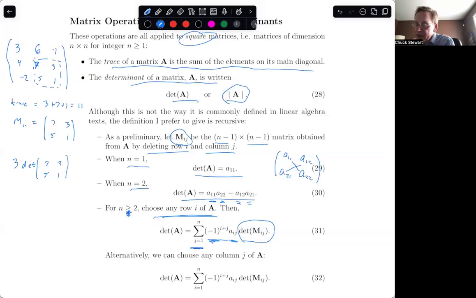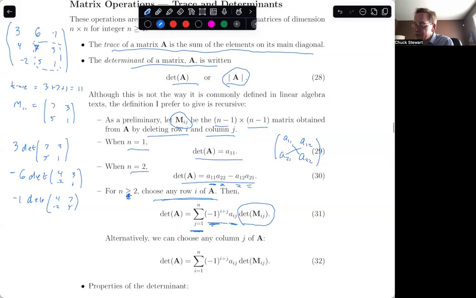And then it's minus 6 times the determinant of 4, 2, 3, 1. And then it's minus 1 times the determinant of 4, oh, this should be minus 2, 7, and 5. And you can press through that to figure this out.